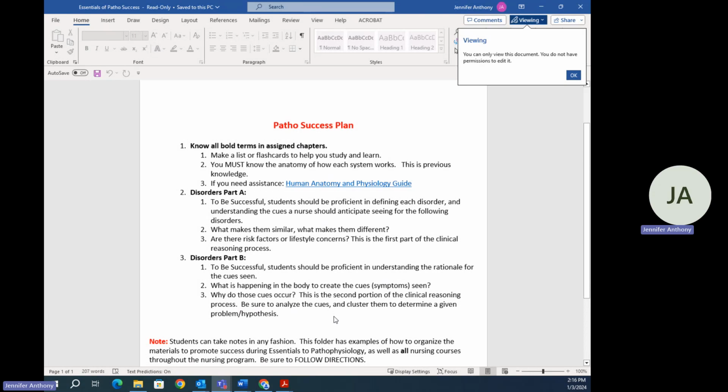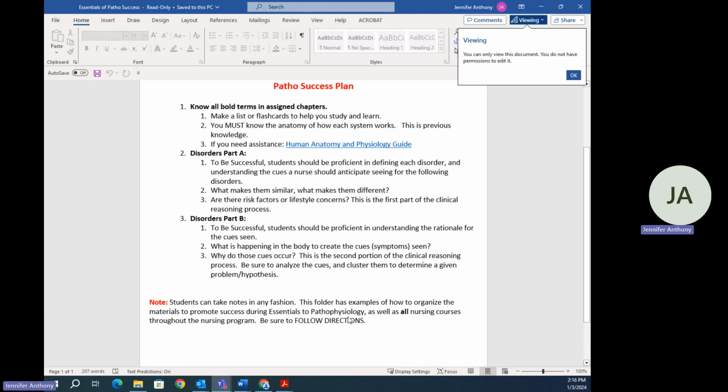Now, students can take notes in any fashion. The folder I will provide for you and the students has examples of how to organize materials to promote success during their Essentials of Pathophysiology course, as well as all nursing courses within the program. It is key that you as faculty are the cheerleaders for this initiative.